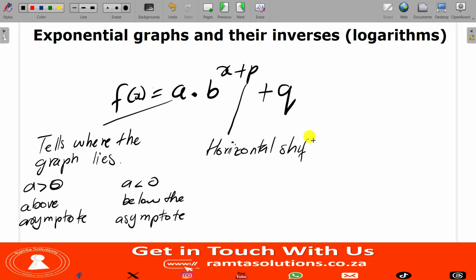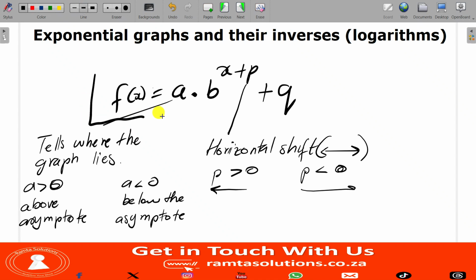Horizontal shift is to do with moving to the left or right of the function. If p is positive, the graph moves to the left, and if p is negative, the graph moves to the right. It's no mistake, guys.